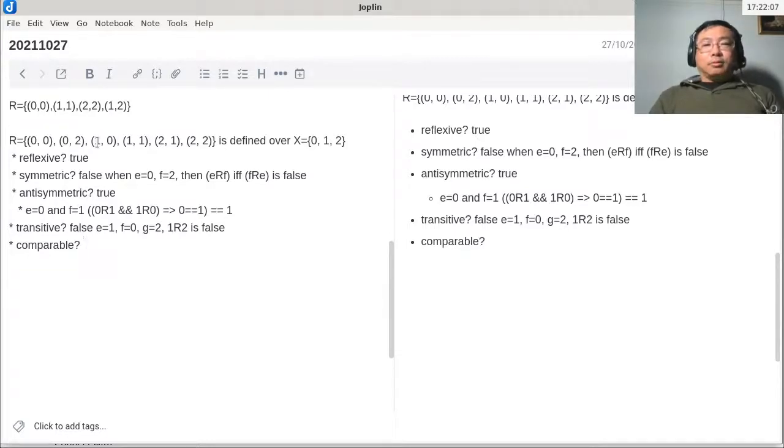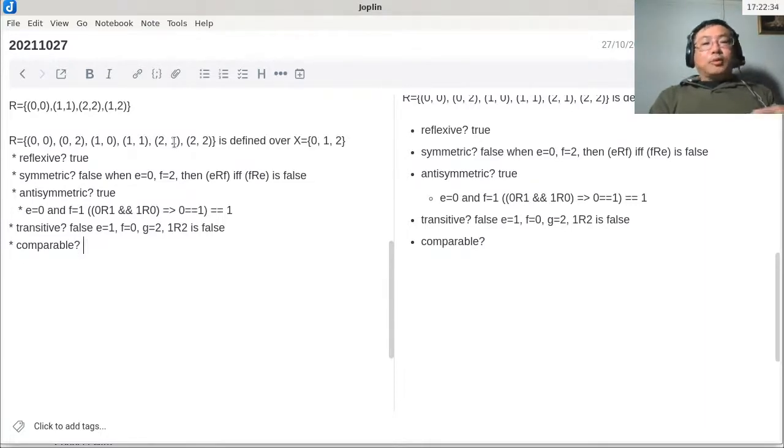Okay, so 0, 1, and 2. We know 0 relates to 0 here, we know 0 relates to 2 here, and we also know that 1 relates to 0. So 0 passes all the tests. Now we check 1. 1 relates to 0, 1 relates to itself, 1 also relates to 2. Well, the other way around, but we just need one or the other because it's an OR. So 1 is not going to make it not comparable.